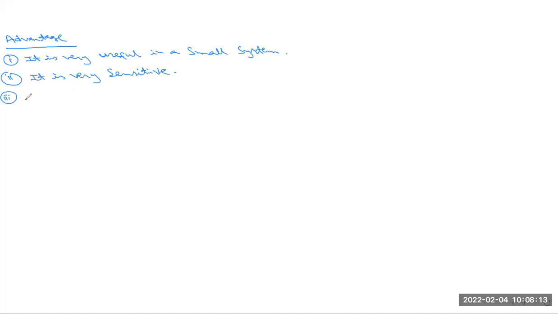Number three, there are no moving parts exposed to the fluid.